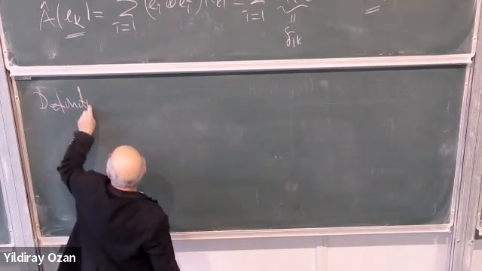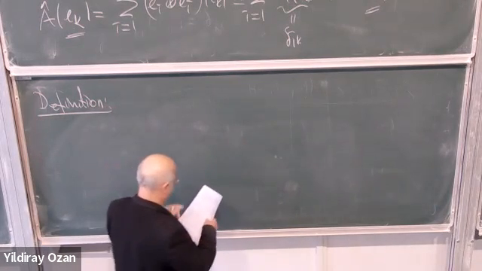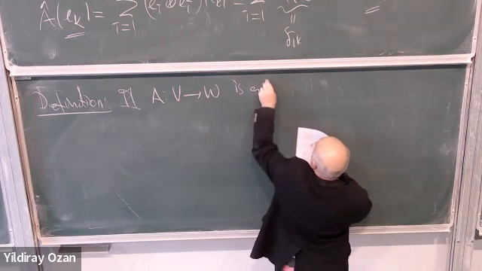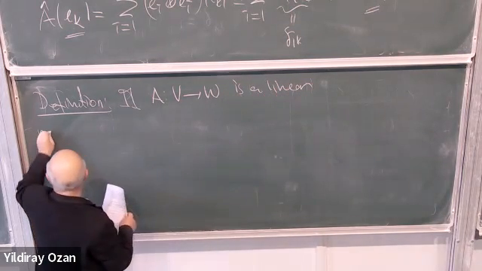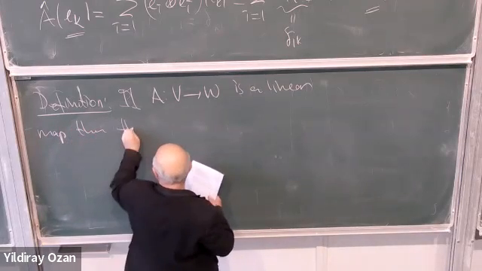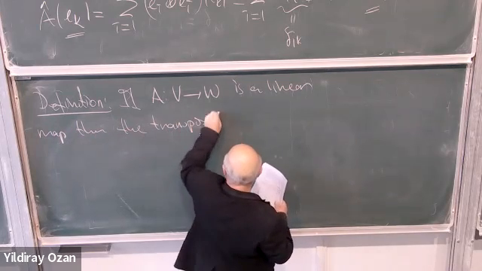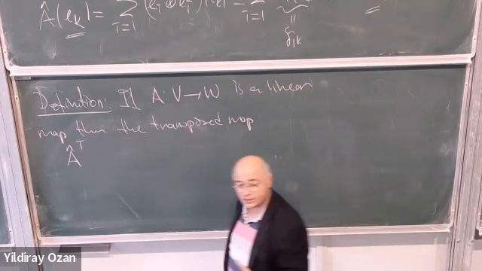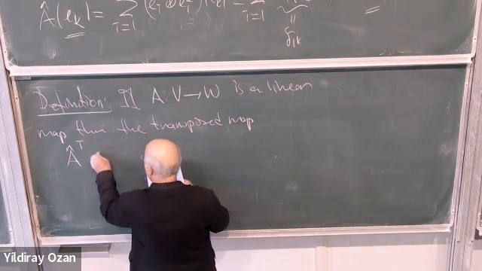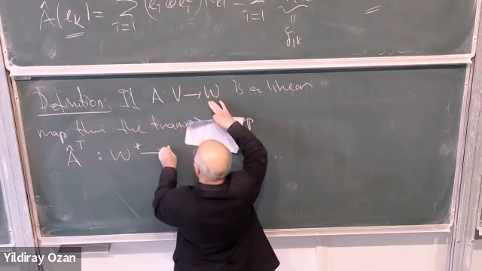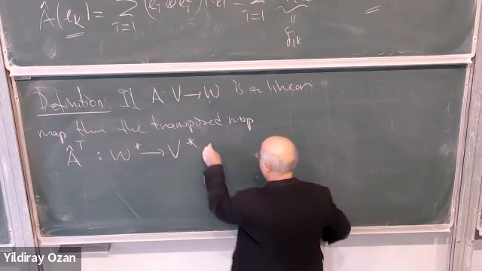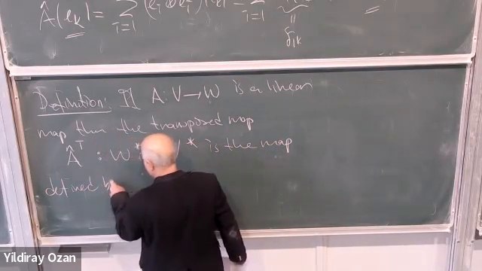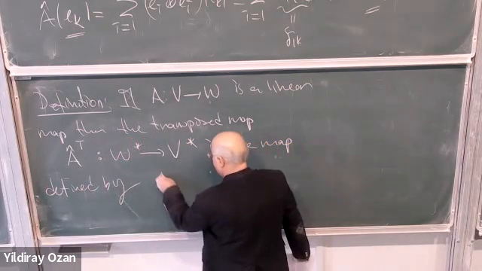Now we have a definition. If A from V to W is a linear map, then the transpose map, A tilde, is called the transpose of A, and it goes from the dual of W to the dual of V. It is the map defined by, şöyle ne söylemem lazım?